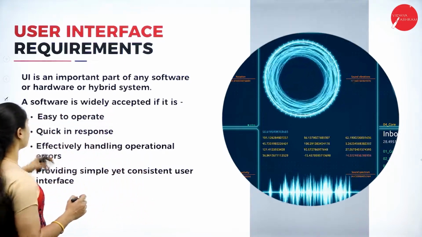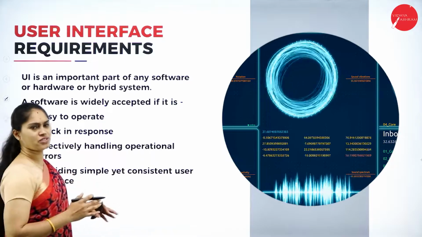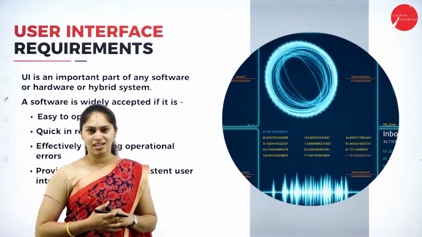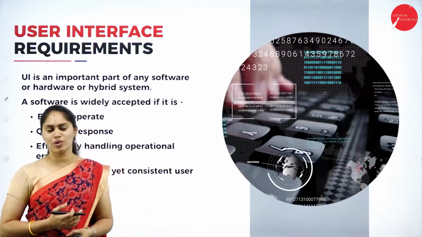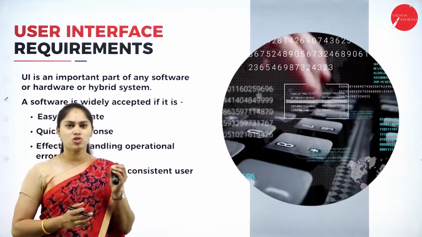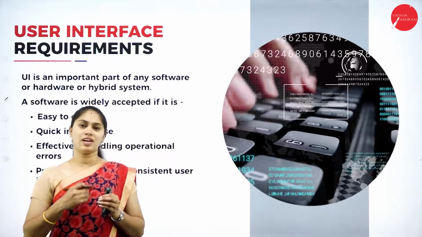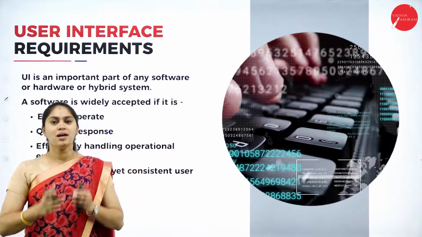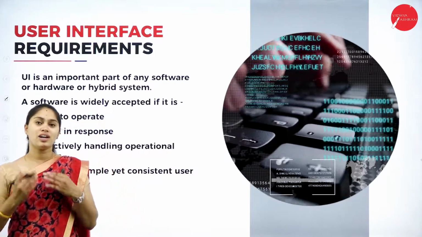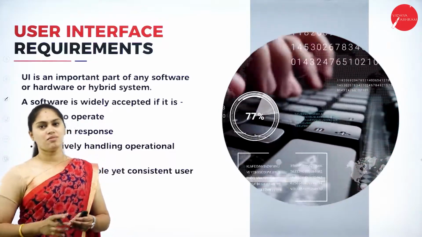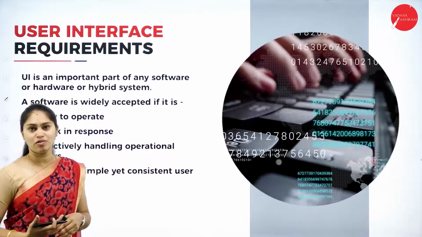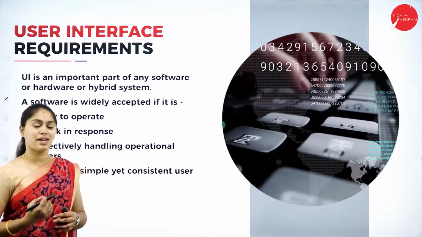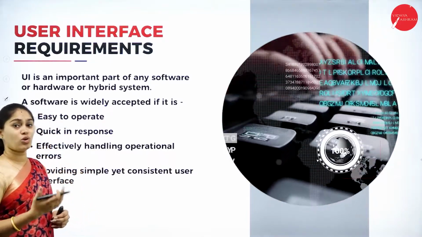We are going to accept any software based on certain conditions or parameters. For example, when you visit a shop, why do you choose a particular dress or a particular product? Because it satisfies your requirements. In the same way, here also we are going to accept certain software, product or system based on certain parameters.